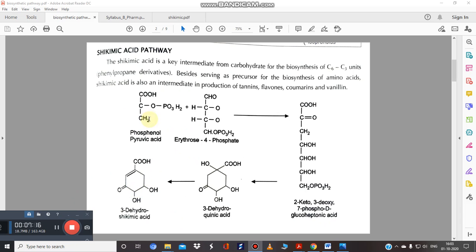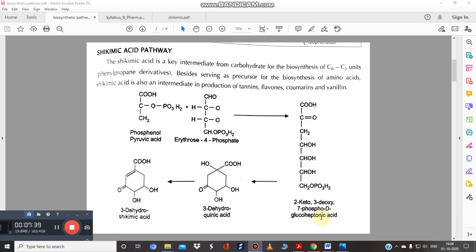So as you can see here, again we are repeating, this shikimic acid pathway starts with erythrose 4-phosphate that is obtained via the pentose phosphate pathway, and phosphoenol pyruvic acid is obtained by glycolysis. And these two combine and go through aldol condensation to yield glucoheptonic acid.